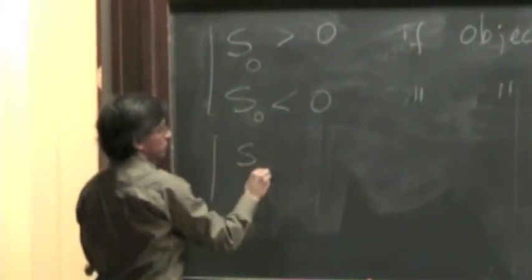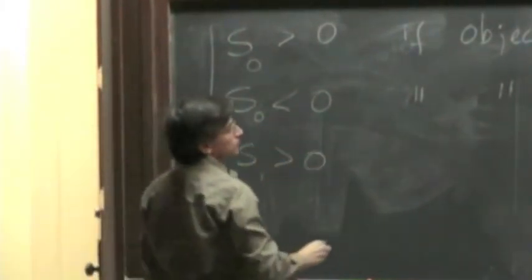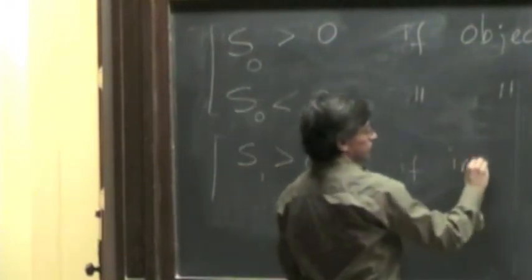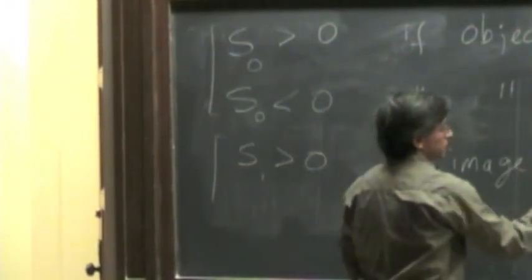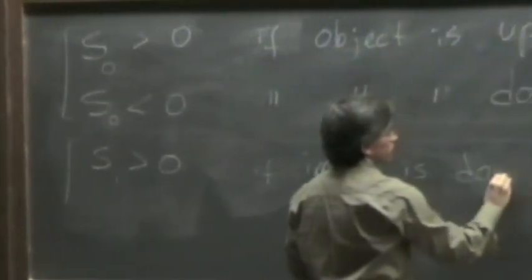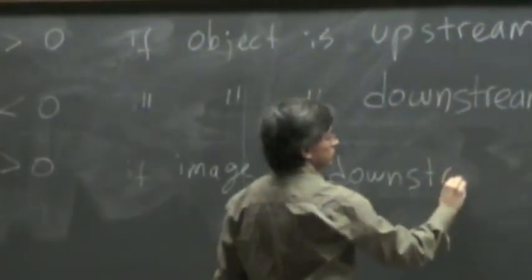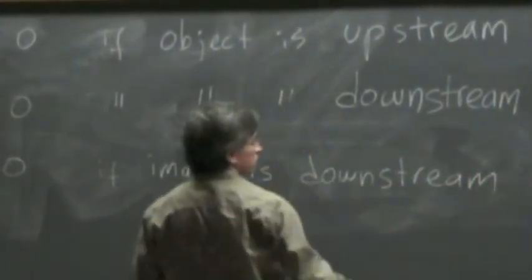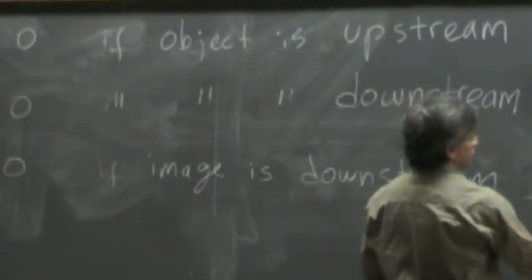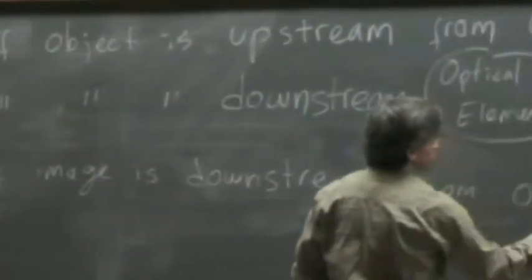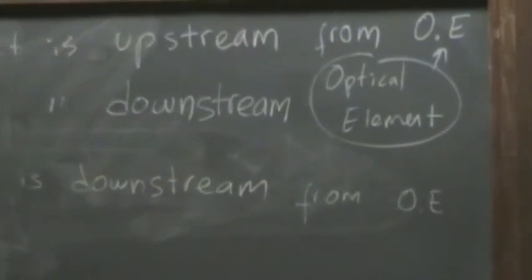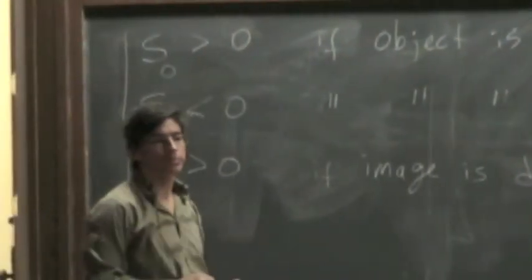For the image, again, positive if the image is downstream, not upstream, but downstream from the optical element. You will be wondering in some problems, downstream from what? From the observer, downstream from the object?